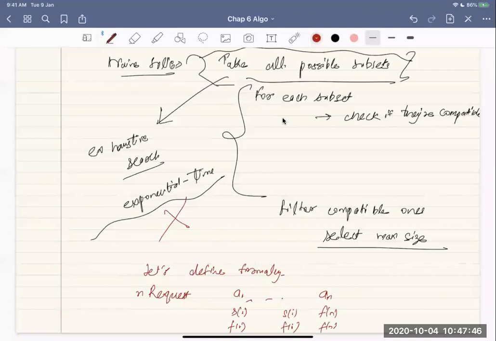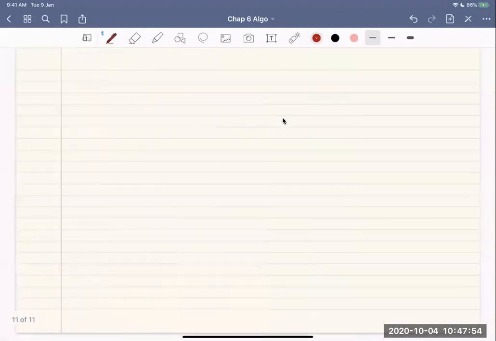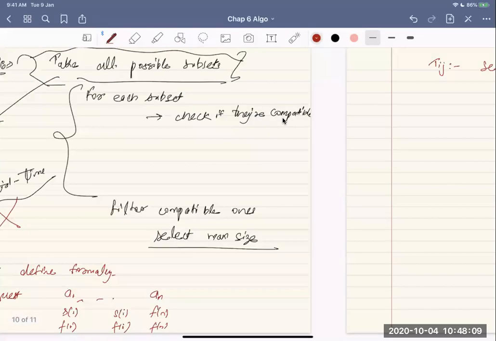Now I need to define what my subproblem is, a single subproblem. So let's say Tij is my set of tasks among a1 to an.